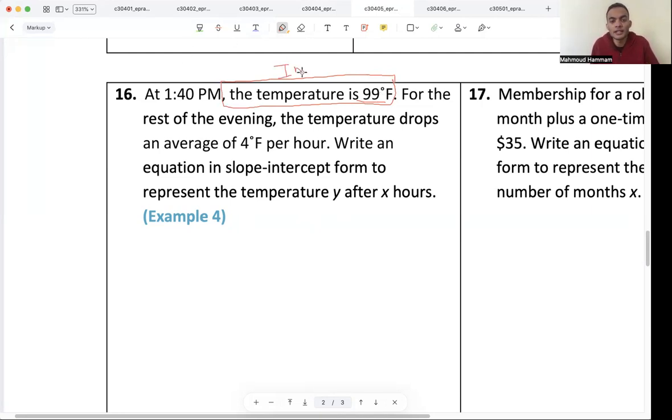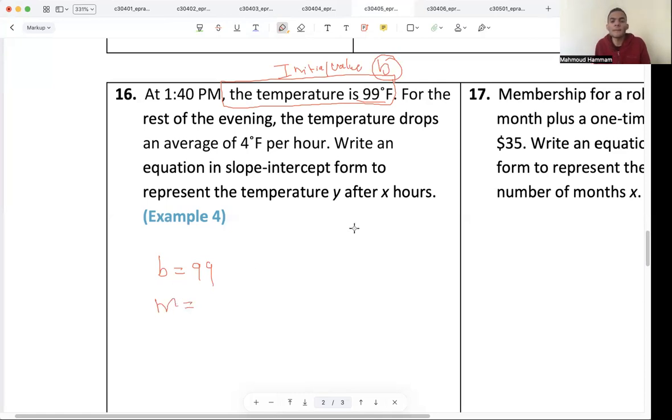So 99 here is the initial value or the starting value. So we don't start from 0. We start from 99. This is the b. It started from 99. So the y-intercept, he said it started at the temperature 99, so the b is 99.